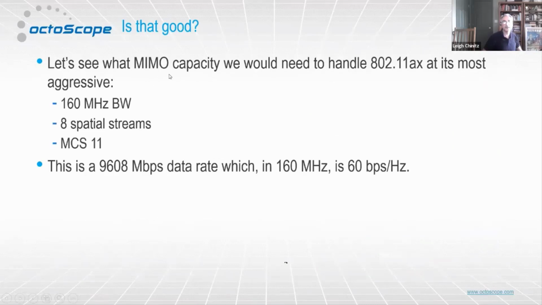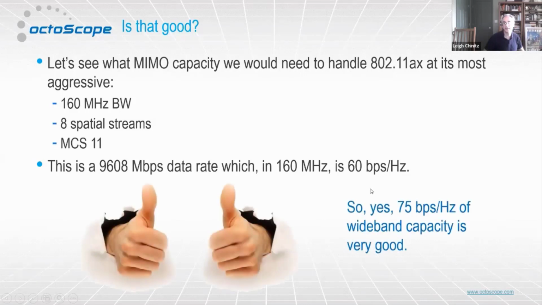Well, let's see what MIMO capacity we would need to handle 11AX at its most aggressive. 160 megahertz, 8-stream MCS11, 802.11ax is 9.6 gigabits per second, so 9608 megabits per second. And that over 160 megahertz is 60 bits per second per hertz. So yes, 75 bits per second per hertz of capacity in the testbed is very good.